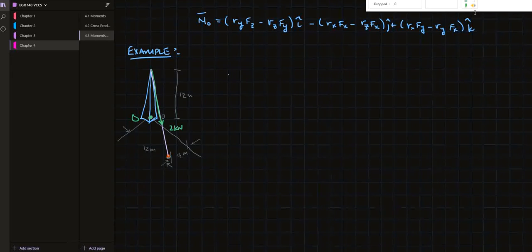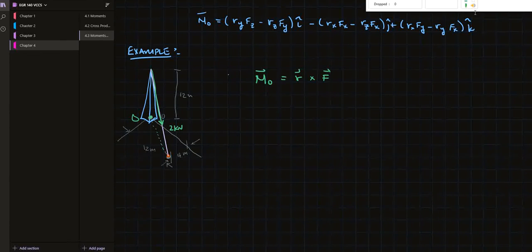Okay, so the moment about O is going to equal some position vector cross our force. So the question is, what do we want to choose as a position vector? Well, we could choose a position vector that comes out this direction.